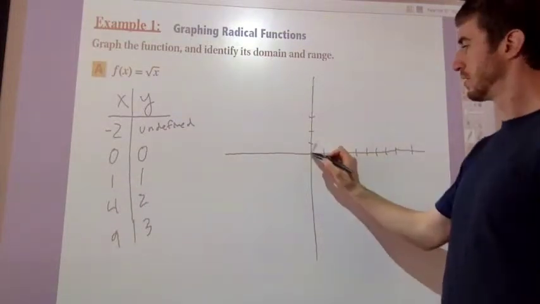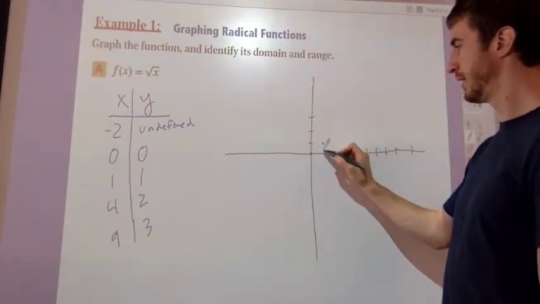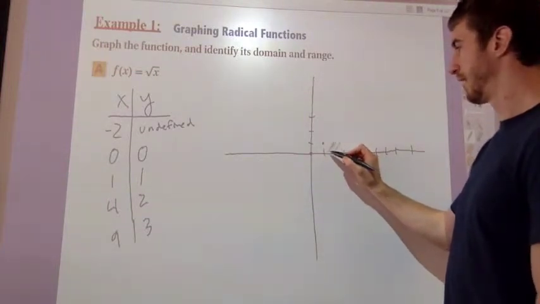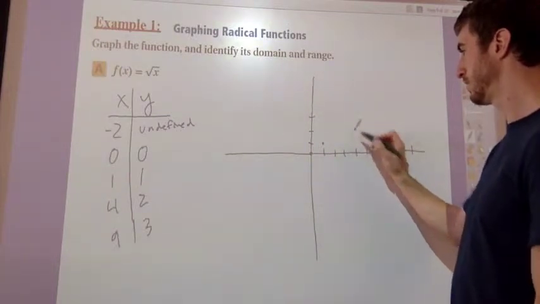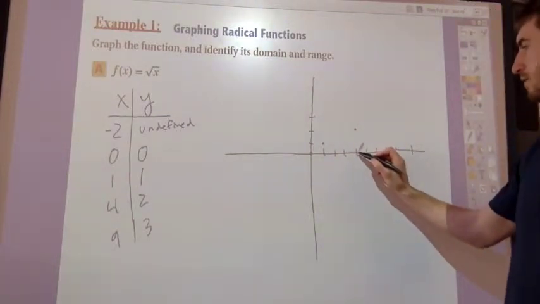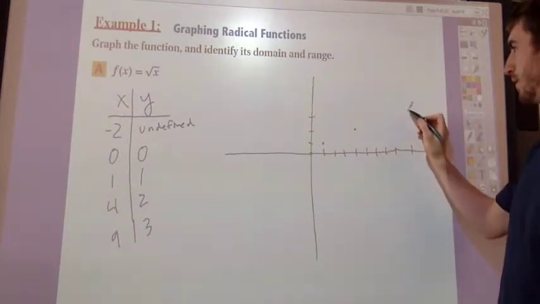Okay, so at 0, 0 we got a point, at 1, 1 we got a point, at 4, 2 we got a point up at 2, and then at 9, so 5, 6, 7, 8, 9, we've got a point up here at 3.